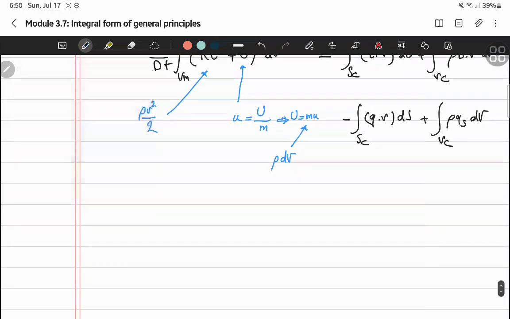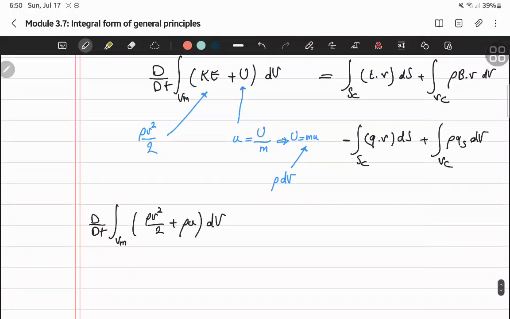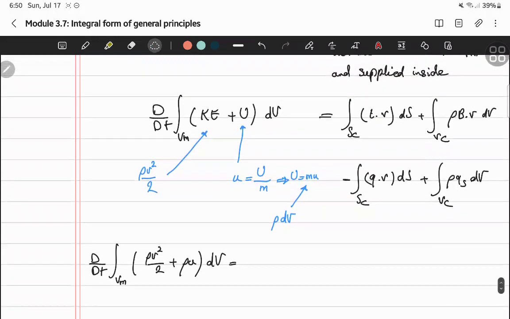So we can rewrite this equation as d/dt of the integral over Vm of rho v squared half plus rho u dV. This is equal to the integral of this in here. Let me just copy and paste this here.